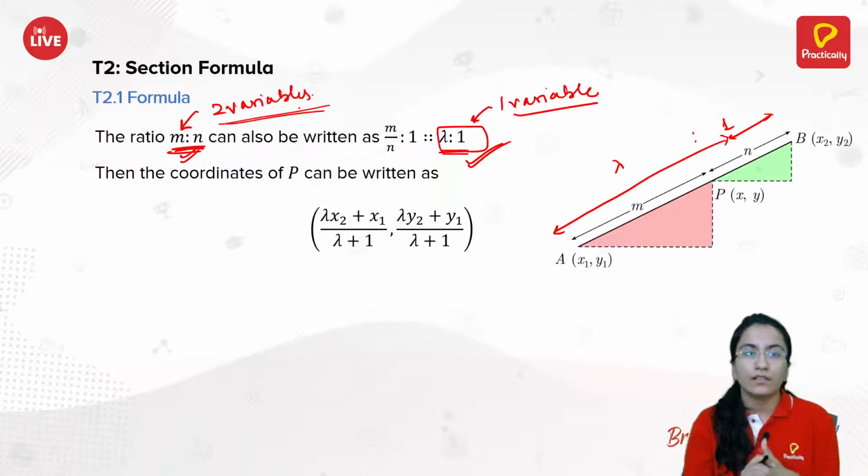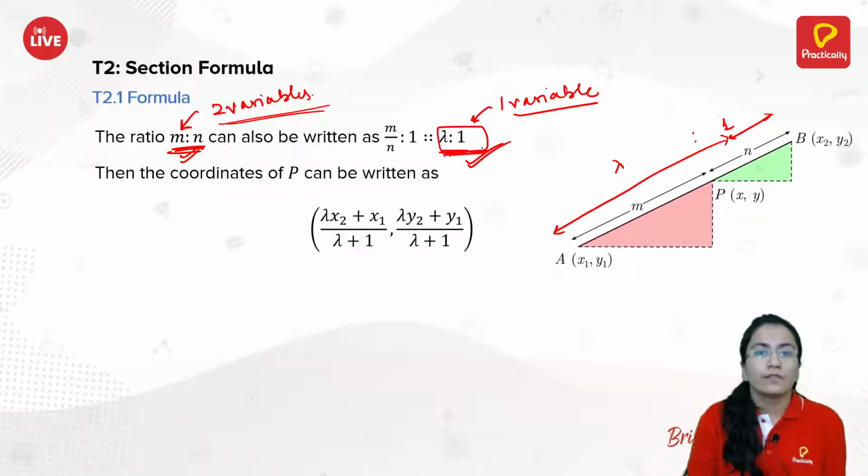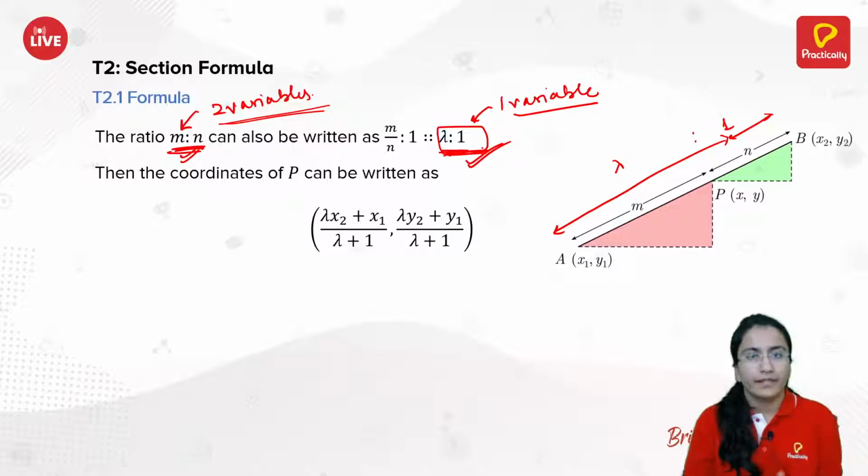Only then you can say that this is the particular ratio which you were demanding. But here you just need to calculate the value of lambda, right? And you can say that lambda is to 1 is the required ratio. So this is the benefit of assuming that the ratio is lambda is to 1 as compared to m:n, right? Definitely you will be getting the same answers, but this is an easier one to proceed with.